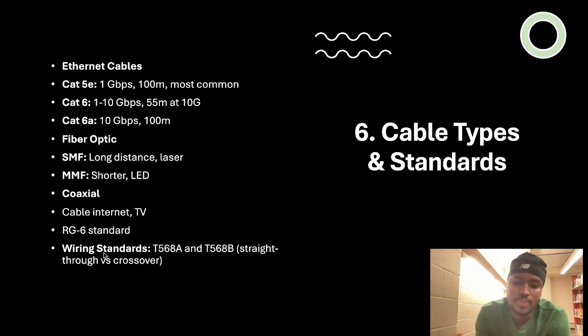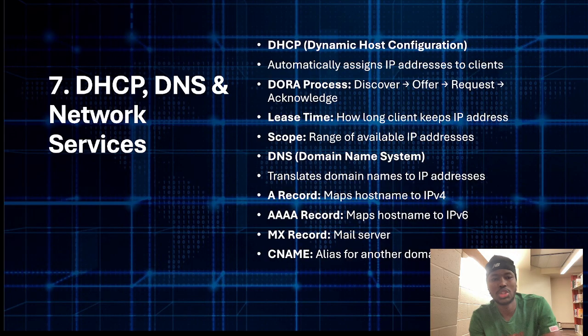Moving on. Now I'll talk about DHCP and network services, and DNS, domain name system, right there. DHCP and DNS are two essential network services you will encounter everywhere you go. DHCP automatically assigns IP addresses to clients using the DORA process. DORA stands for discover, offer, request, and acknowledge.